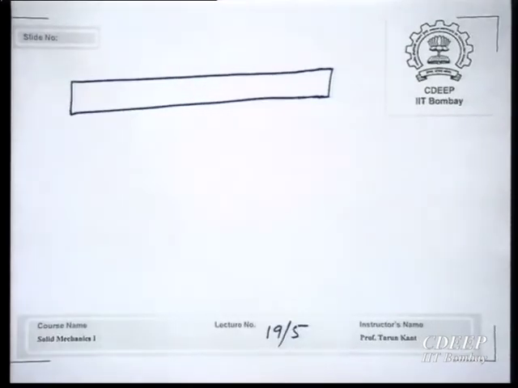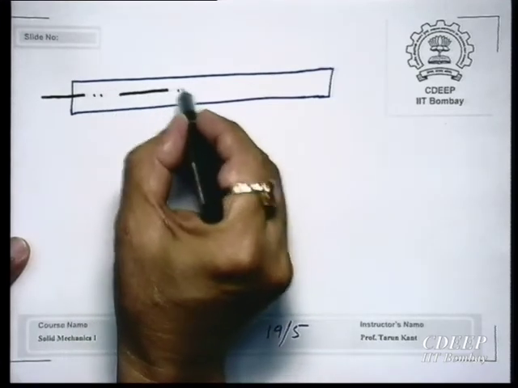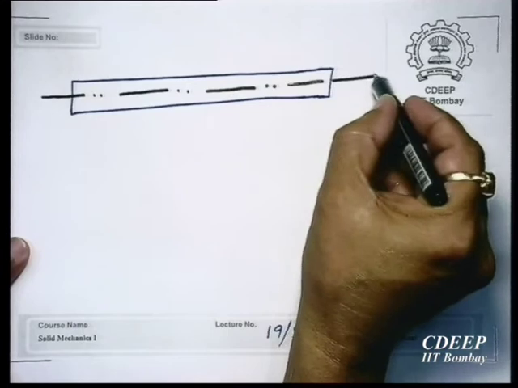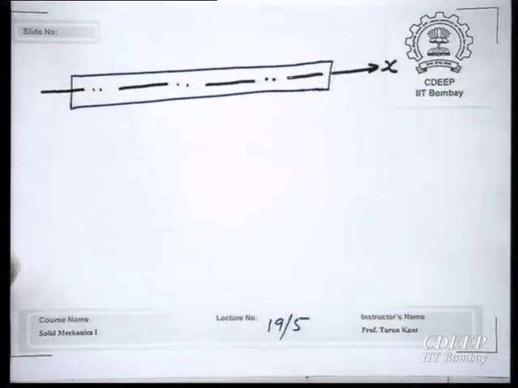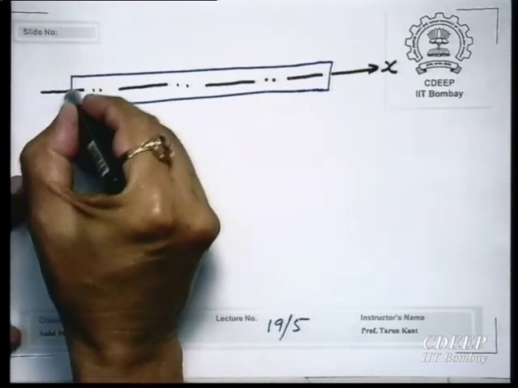Depth is small compared to the length. You have the center line here. Now, you have the free body diagram.